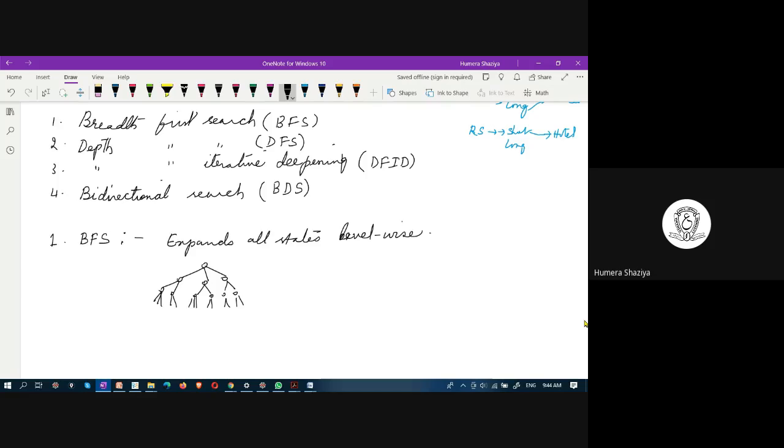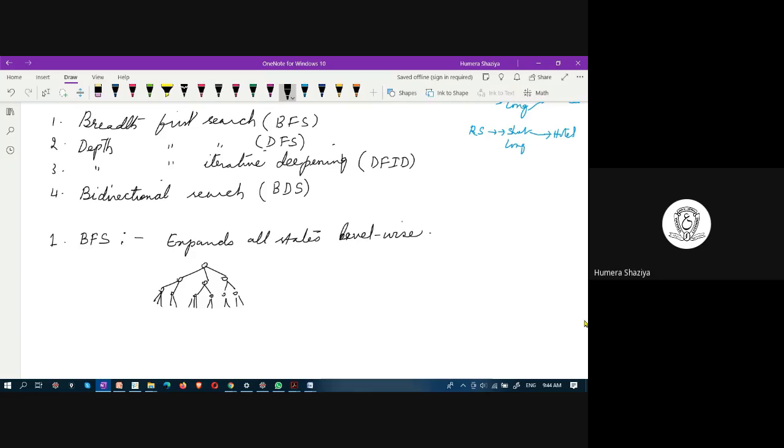These are levels. This is level number 0 or 1. If you begin at 1, this is level number 1, 2, 3. Or you can say that it is depth wise, in expansion of states at the same depth.